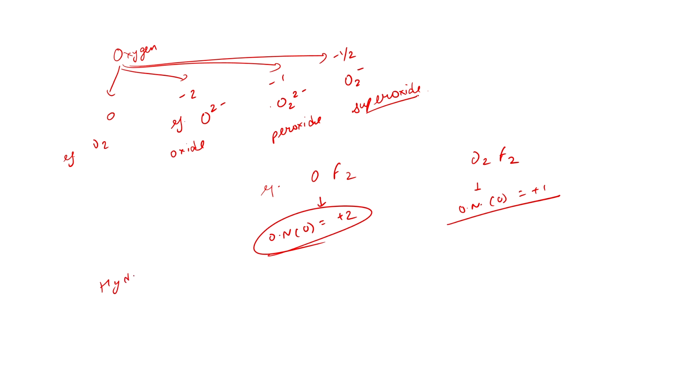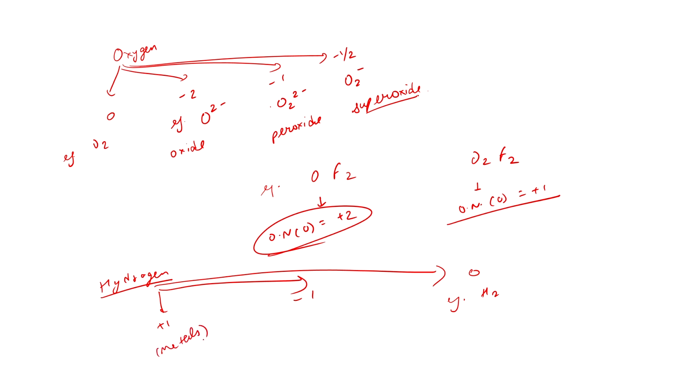Then I discussed hydrogen, for which there are three possibilities: 0 when it is present in an uncombined state, for example H2, +1 or -1. +1 when present with a less electronegative element... sorry, I wrote the opposite: +1 with non-metals and -1 with metals.